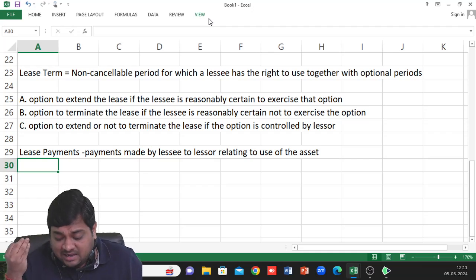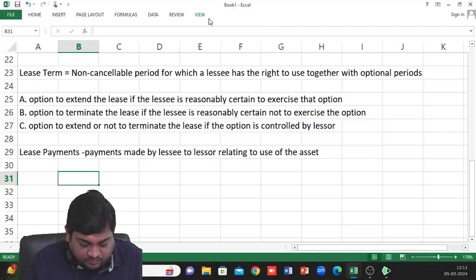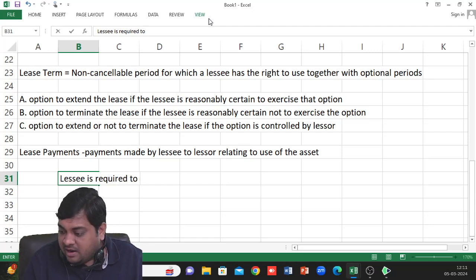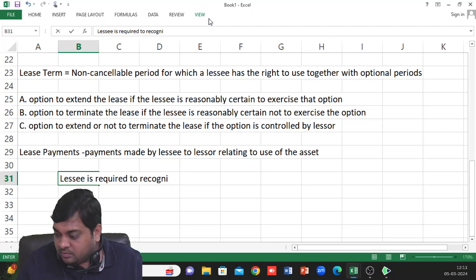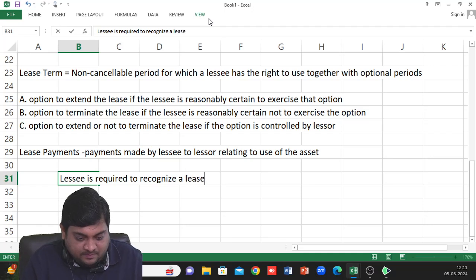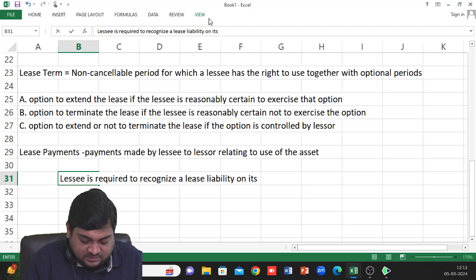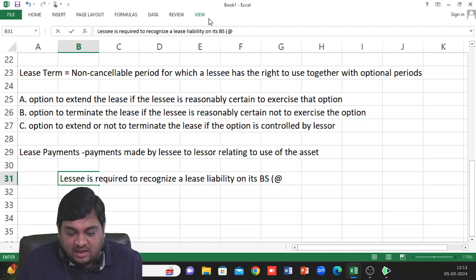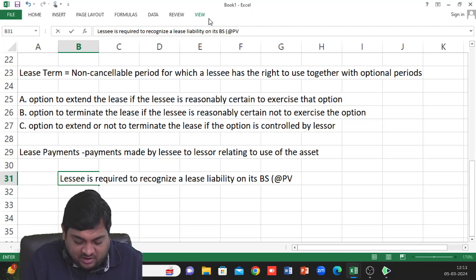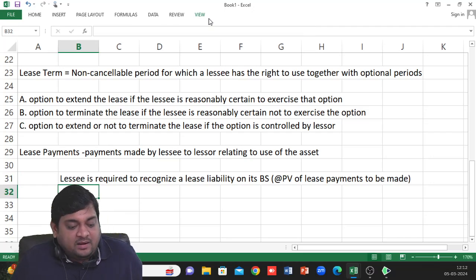Under both the cases, the lessee is required to recognize a lease liability on its balance sheet at the present value of lease payments, right?